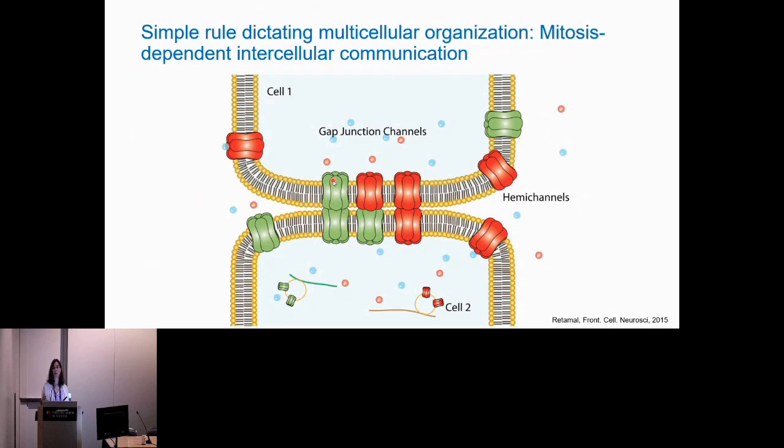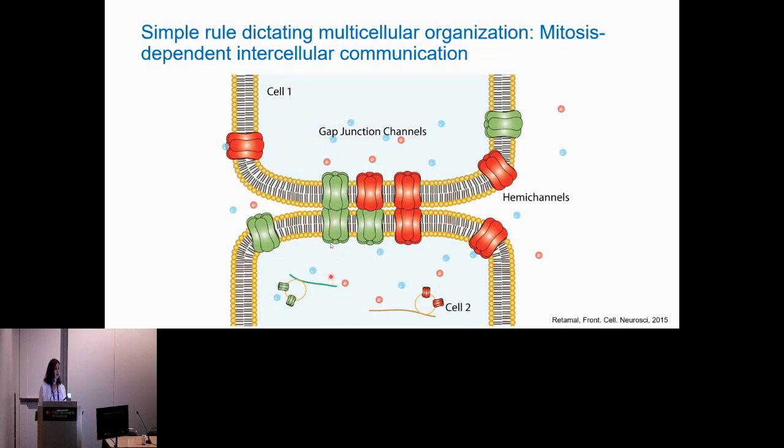In the case of pluripotent stem cells, our stem cell line expresses connexin 43 during that pluripotent phase. And then the connexin population changes as you move through to more mature phenotypes.